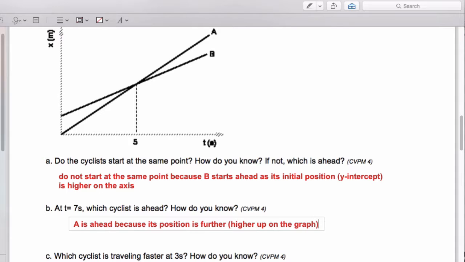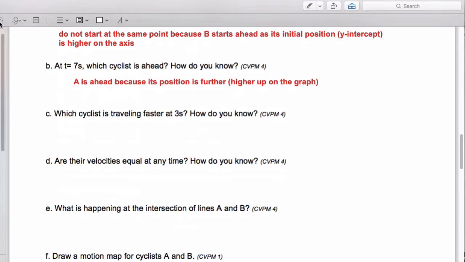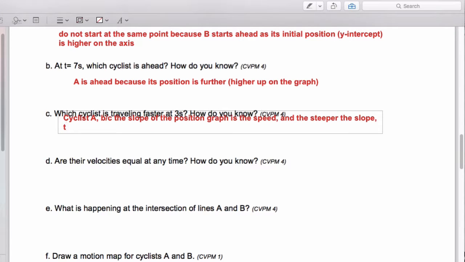All right. Which cyclist is traveling faster at 3 seconds? Well, the answer is cyclist A. And we know that because the slope of the position graph is the speed, and the steeper the slope, the faster the object goes.